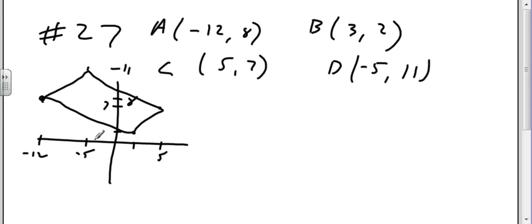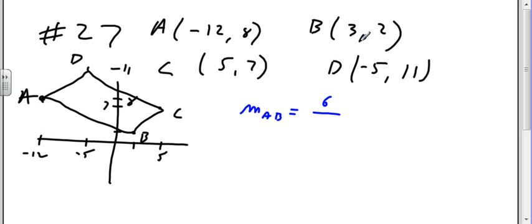A, B, C, D. So if anybody's going to be parallel to each other, we're going to look at the slope of AB. Okay, so change in Y appears to be a 6.